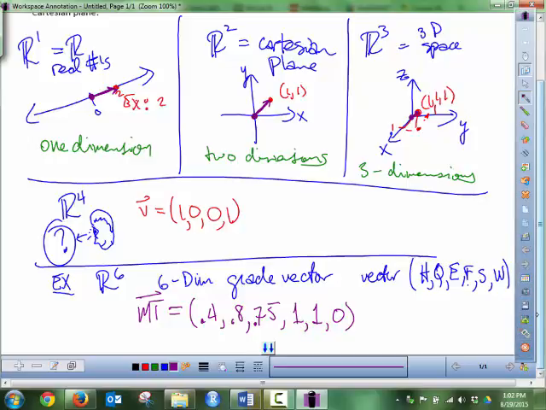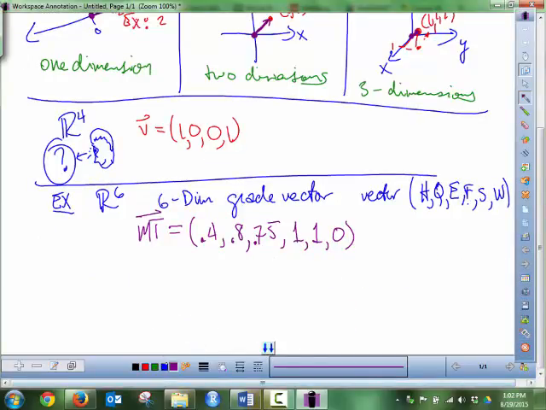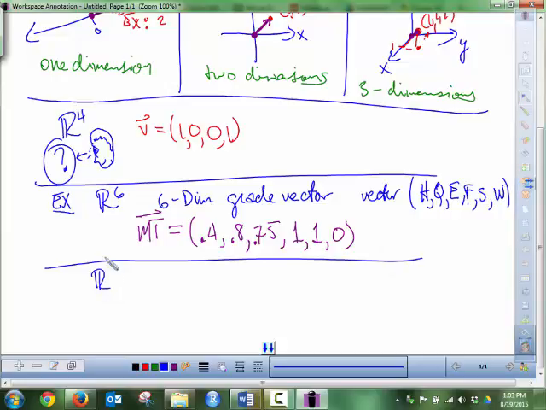But let me just throw in one more example here. In computer science, they discuss things in binary, but they also go to hexadecimal. What's the base for hexadecimal? 16.